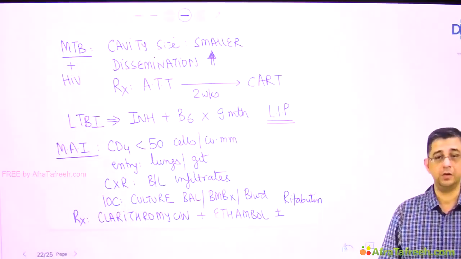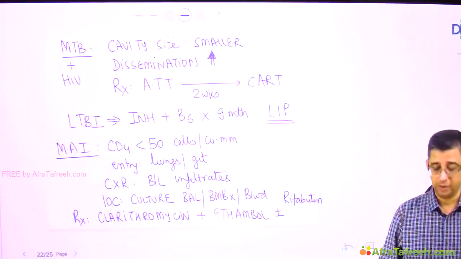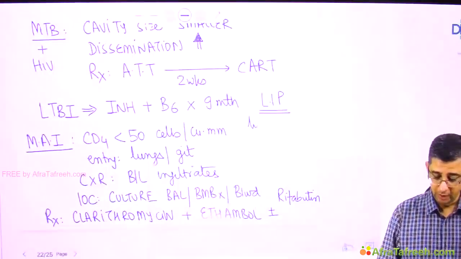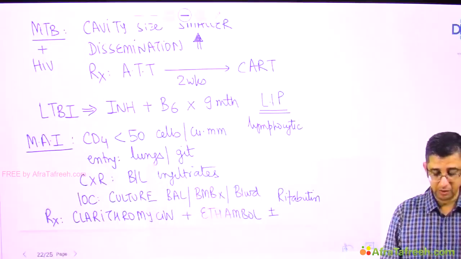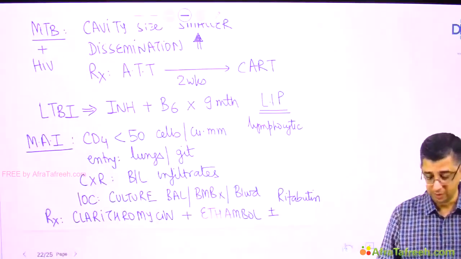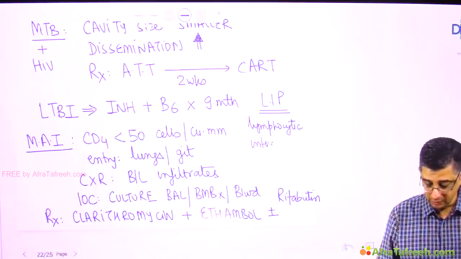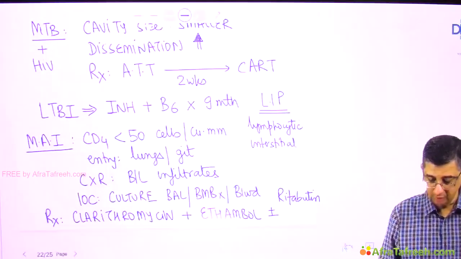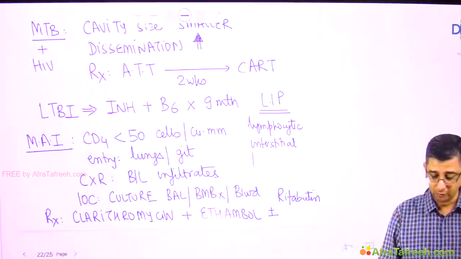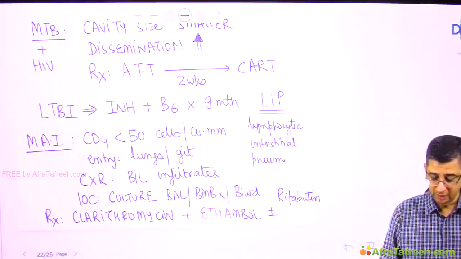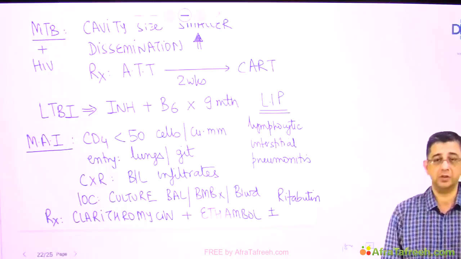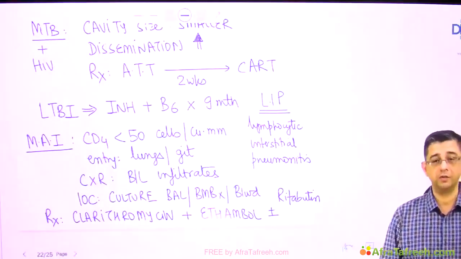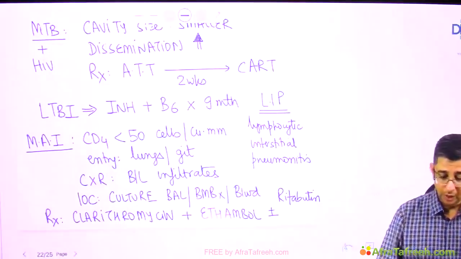Then the diagnosis of exclusion would be LIP, that is lymphocytic interstitial pneumonitis. This condition mainly occurs due to B cell dysregulation, which is found in HIV positive patients. Here there would be an antibody mediated damage to the lungs, so the X-ray would show a picture of hazy bilateral lung fields or bilateral infiltrates. But obviously for diagnosis of this condition, all the infective conditions should definitely be ruled out.